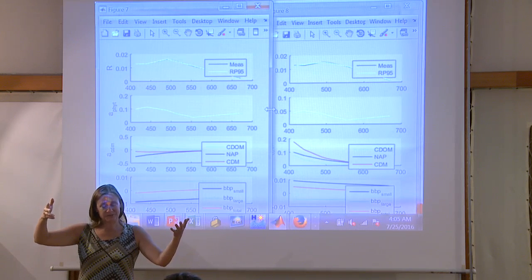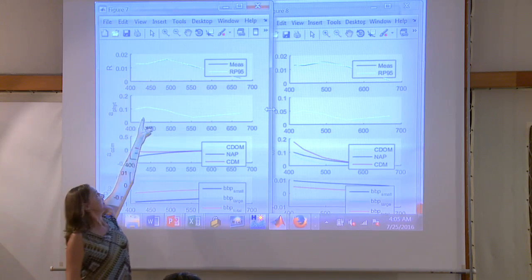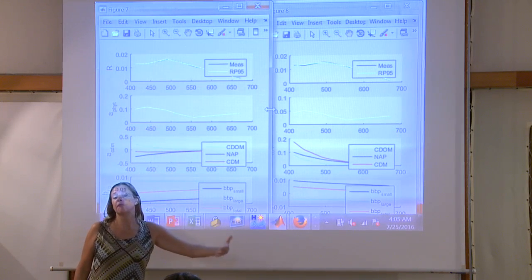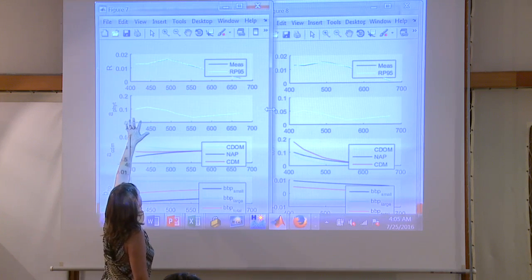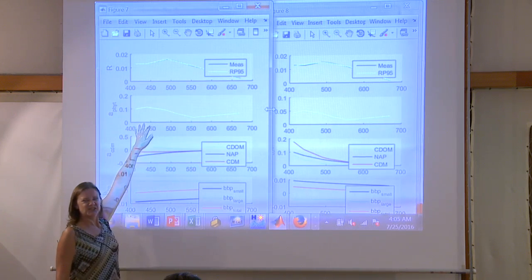So there's a source of uncertainty. We put in a phytoplankton that managed to give us a good fit, but maybe this blue to red peak ratio is not quite the actual one for the organisms in the water. And so there's some little slope of CDOM, or non-algal particles, that's sort of in this shape.